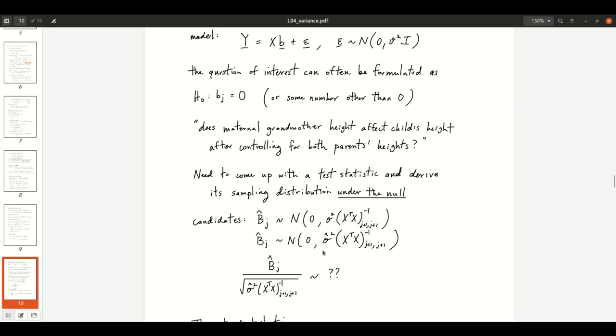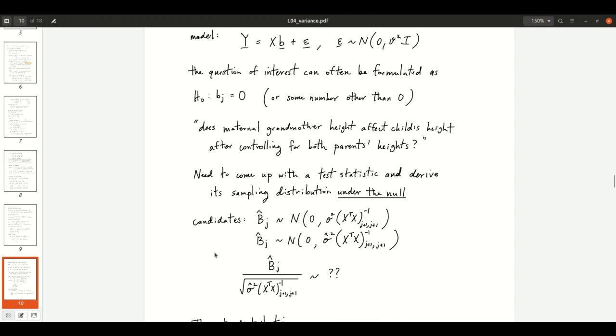But this isn't quite satisfactory because this thing doesn't actually have this distribution because sigma hat squared is not generally equal to sigma squared. Now we could think of this as the random variable version of this, but that's also a problem because now we're thinking of b hat j as normal mean zero with a random variance, which I don't even know how to think about.